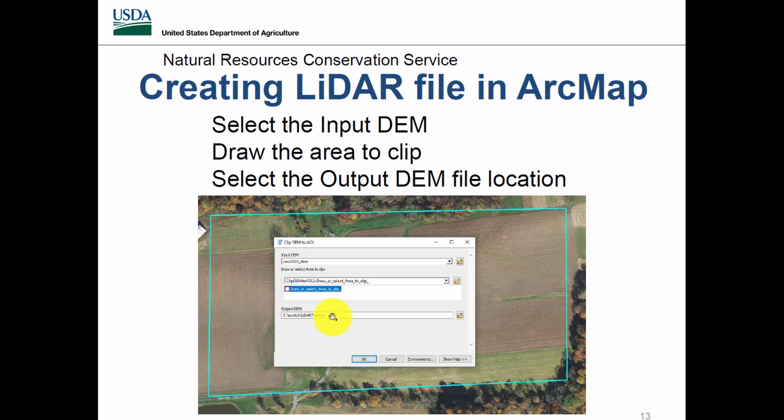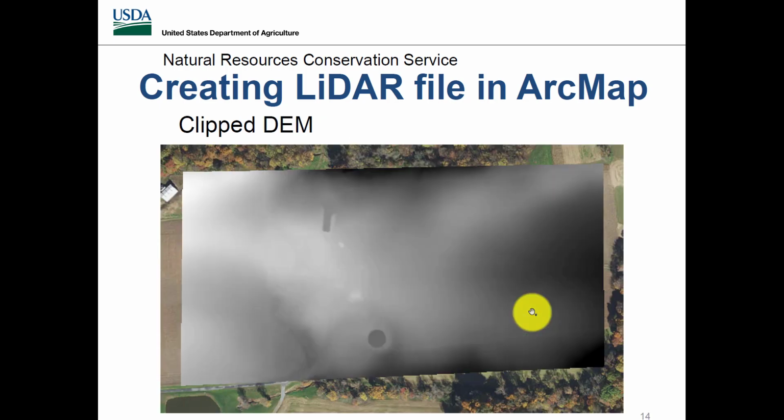You can create a folder on the fly while doing this, but it's easier just having that folder made up prior to doing this process. Then select that folder, click OK, and this would be the final outcome of that clipped AOI.